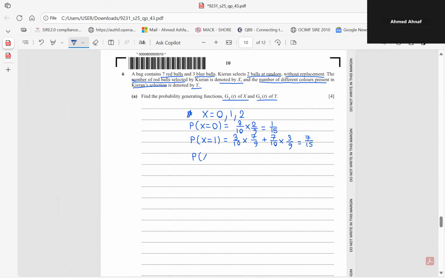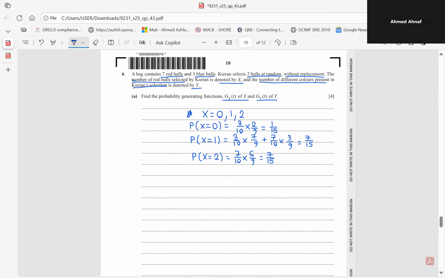And then for X equals 2, that means both of them are red. So there's 7 red balls, so 7 over 10 times 6 over 9, that's 7 over 15.